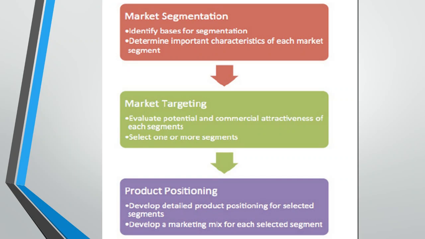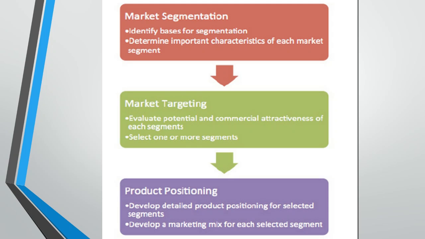First, market segmentation. In this step, you should identify a market and use the results of analysis you have conducted to divide this market into different segments. And then use the information you have to determine important characteristics of each market segment.